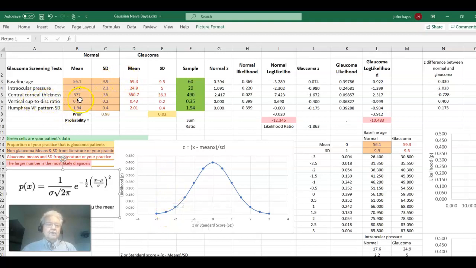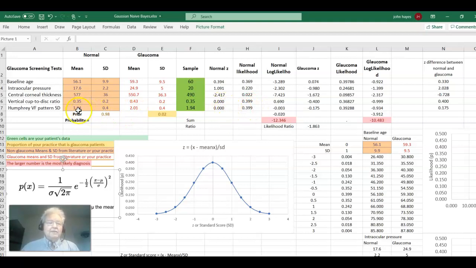With vertical cup to disc ratio, it's 0.35 minus 0.35 is 0, divided by 0.2 is 0. The z-score is 0, so you're right at the middle. Interestingly, being at the middle doesn't mean you're at 50%; you're at 40%, 0.399.